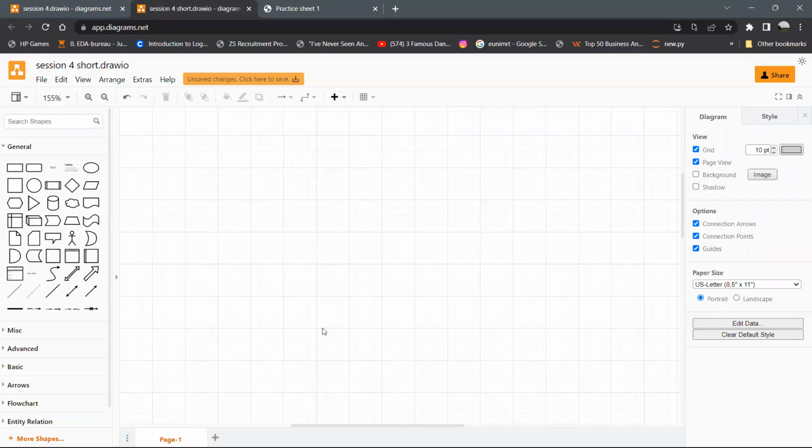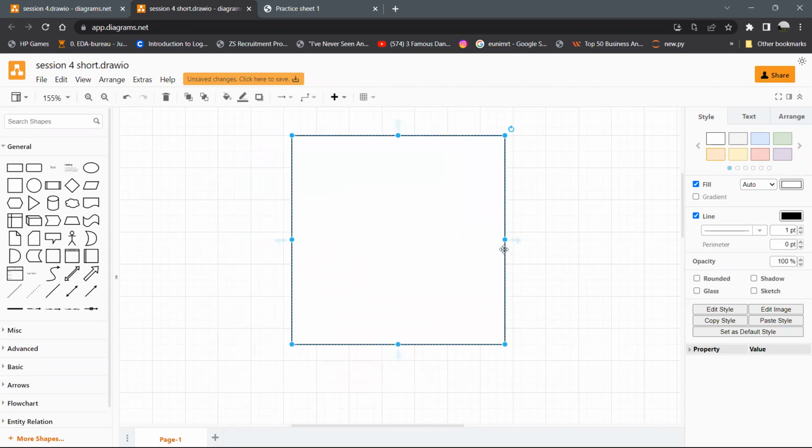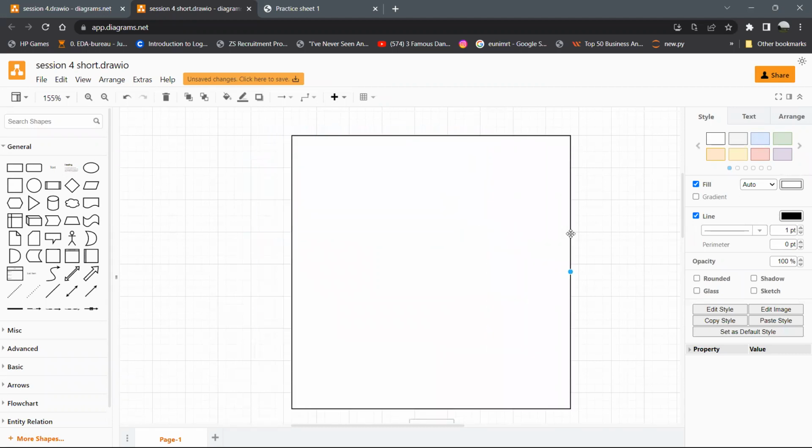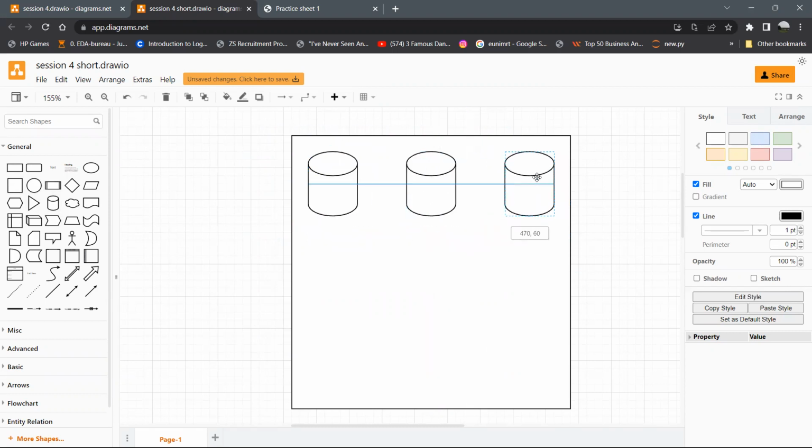So we need to help the cafe owner. Let's frame the problem first. In the initial stages we have coffee counters: this is one, this is a second coffee counter, and this is a third coffee counter. Now let's see why the time has increased to 45 minutes.